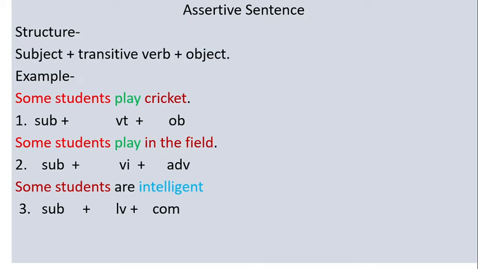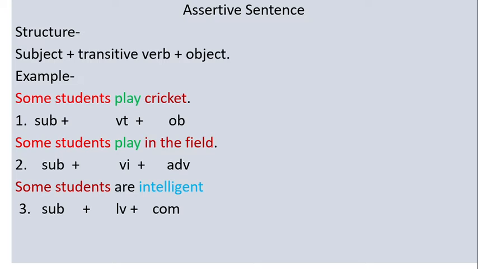Here, play is used as the transitive verb. In this sentence, cricket is object and some students is subject. This sentence will be changed into passive form.